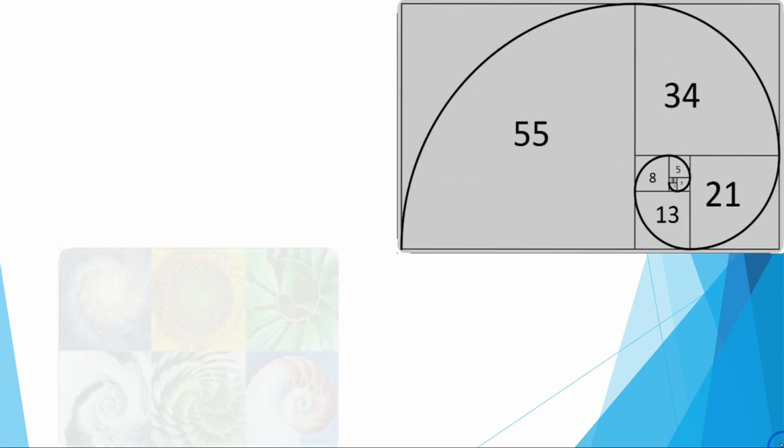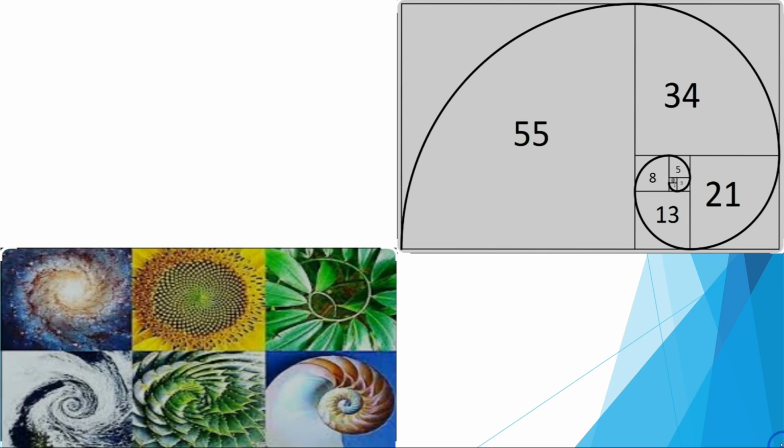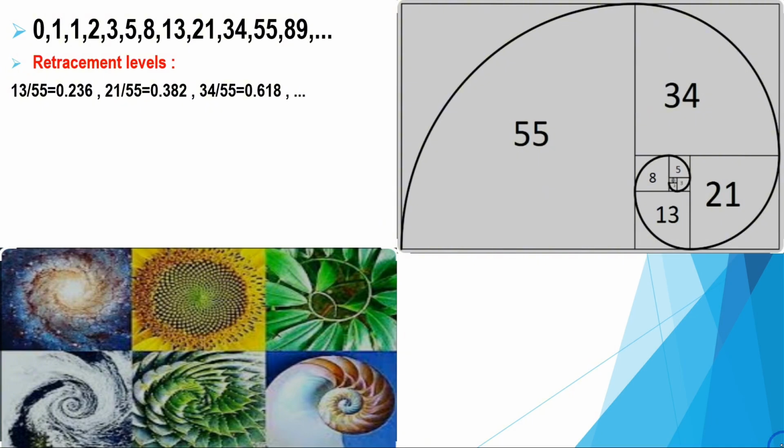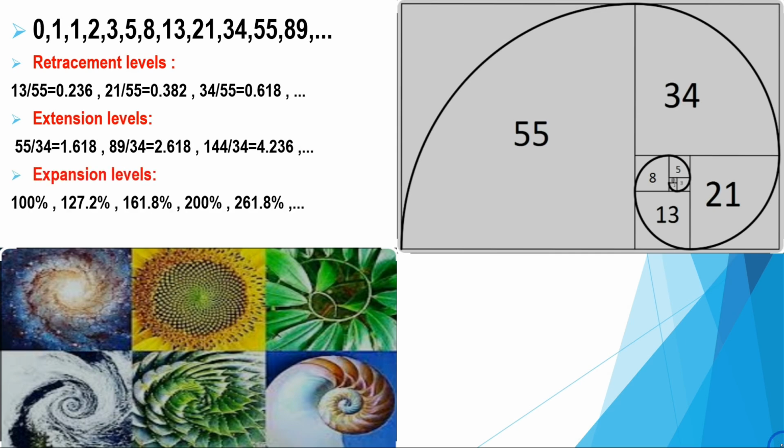The Fibonacci sequence is a series of numbers where each number is the sum of the two preceding ones, starting from 0 and 1. These numbers are the basis for Fibonacci retracement, extension, and expansion levels, which are widely used in technical analysis to identify key price levels.